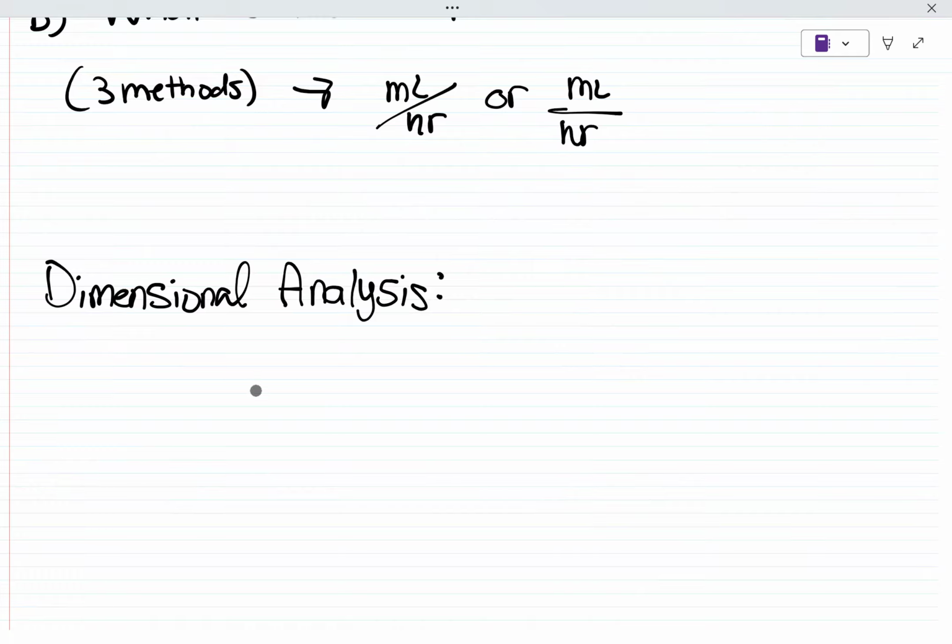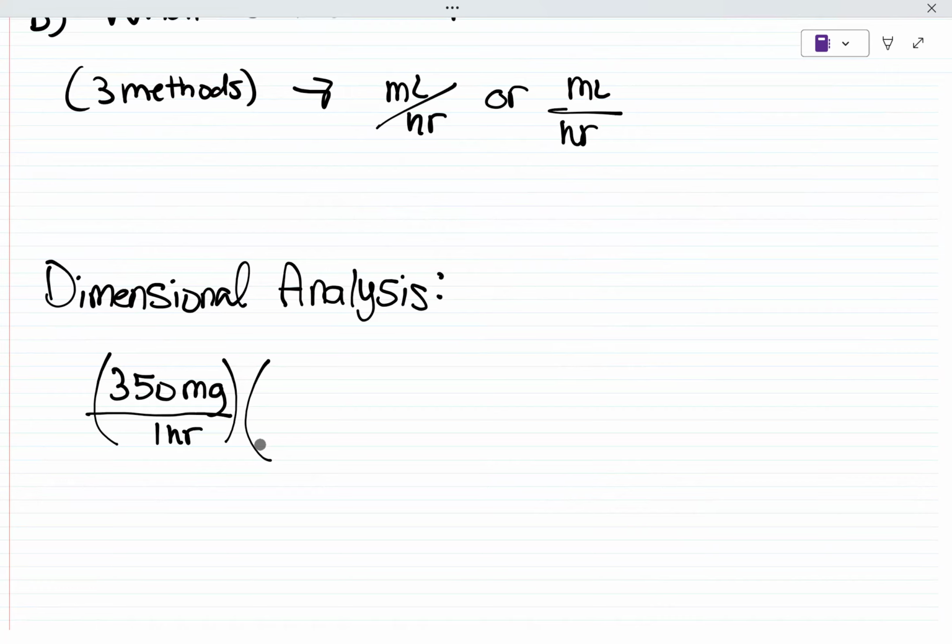So you take the answer from part A. We started with 350 milligrams over 1 hour. And then we times it by our availability of the drug.